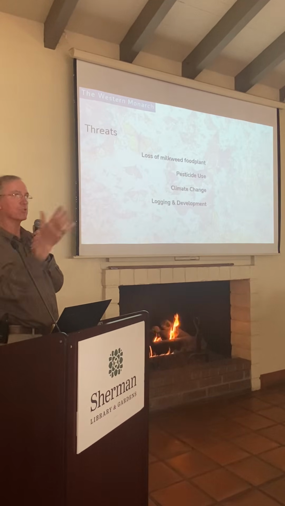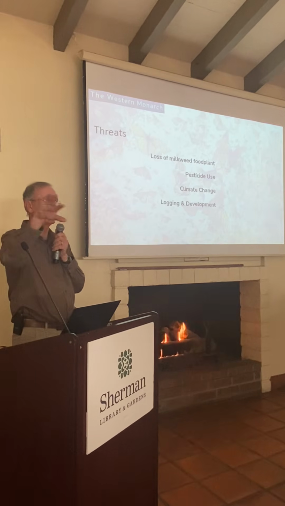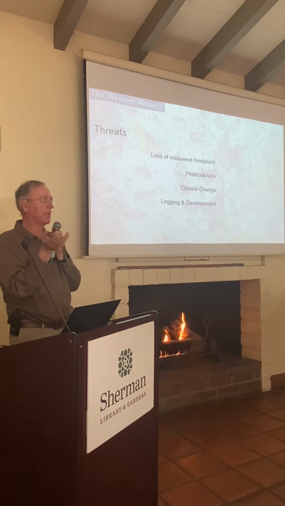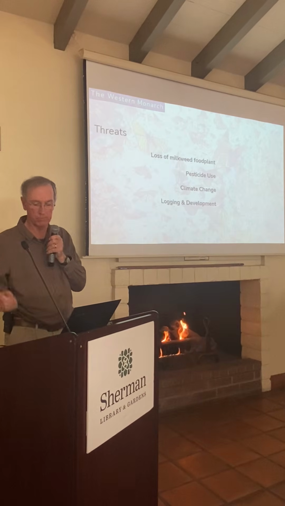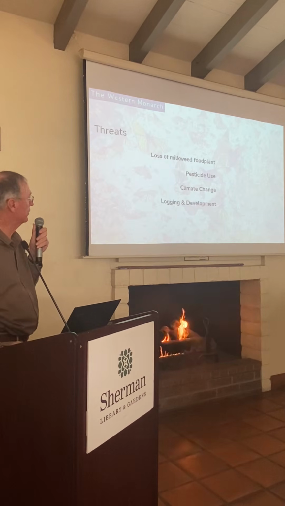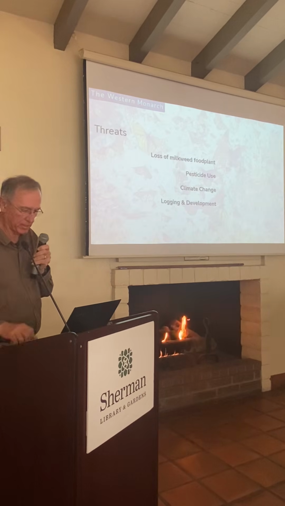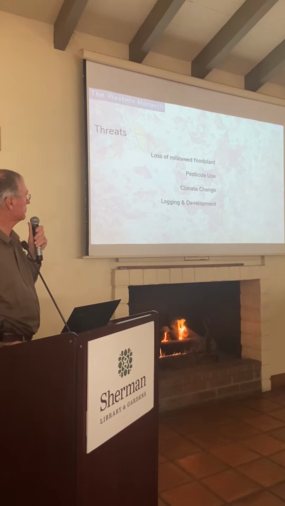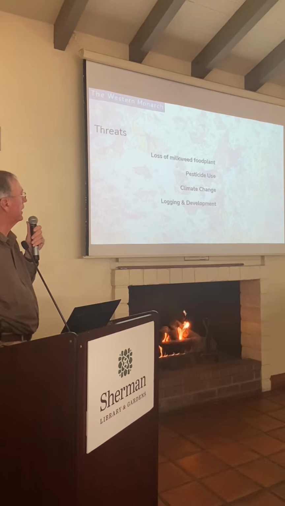Milkweed frequently tends to grow along the edges of agricultural fields, and pesticides move into those milkweeds. Climate change, it's complicated, but yes, that's a factor in monarch decline. Logging and development. We think those are the main macro factors.